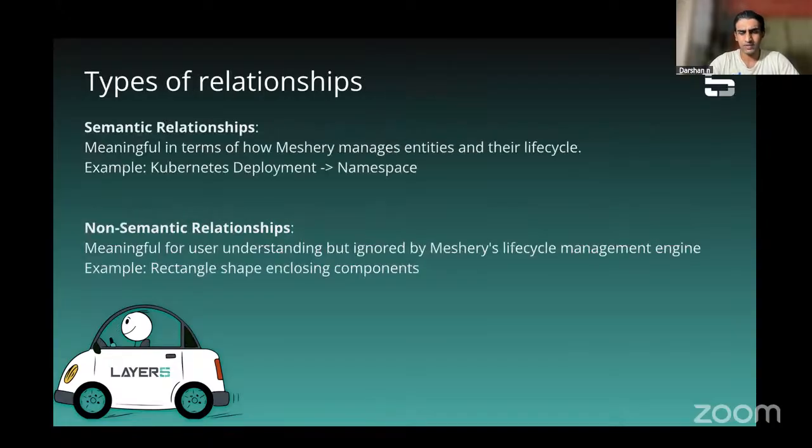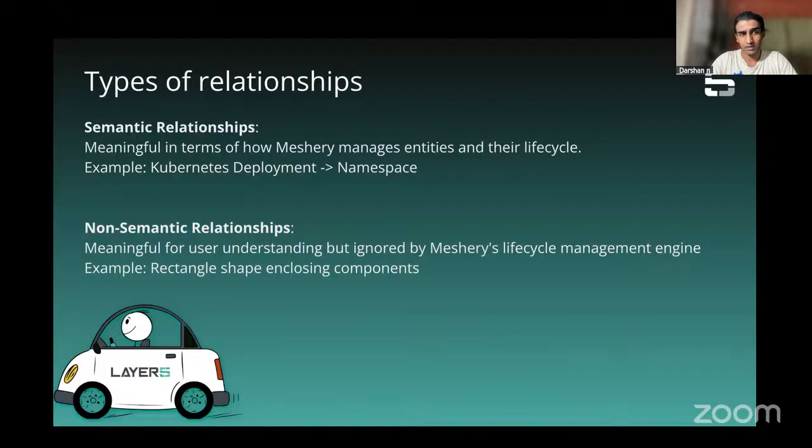To start off with the relationships, there are basically two main types. Starting off with the semantic relationship: these are meaningful relationships which make sense for Meshery to make connections with. For example, we have Kubernetes deployment and namespace, which are universally accepted components for Kubernetes. This is one of the semantic relationship examples.